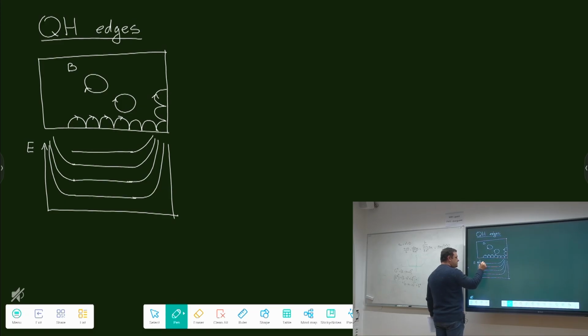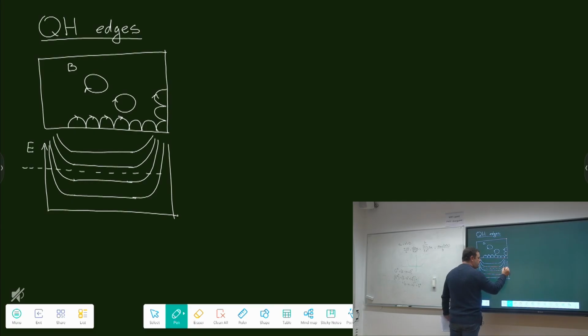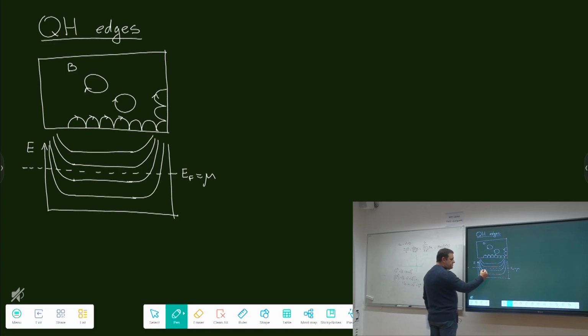They bend like this. So now if we fill this spectrum with electrons up to a certain level, which is the Fermi energy or chemical potential, these states that are below, they are completely filled. So this picture corresponds to the filling factor 2.